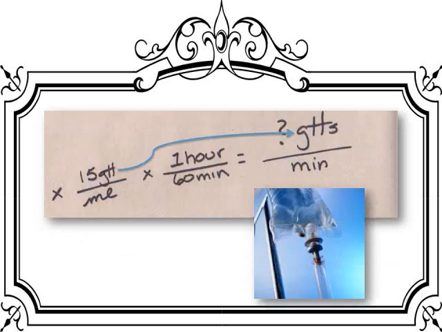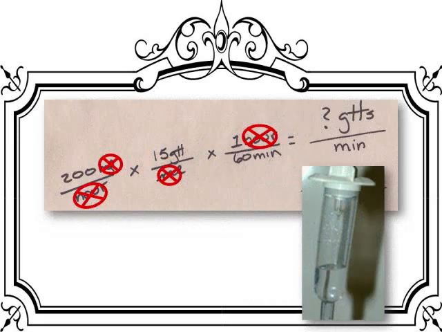The next thing we're going to add in is the drip factor. For this particular tubing that we're using for this example, there are 15 drops per milliliter. We want the answer to be in drops, so we want drops in the numerator. We're going to put drops in the numerator in this formula. All these different things cancel out.